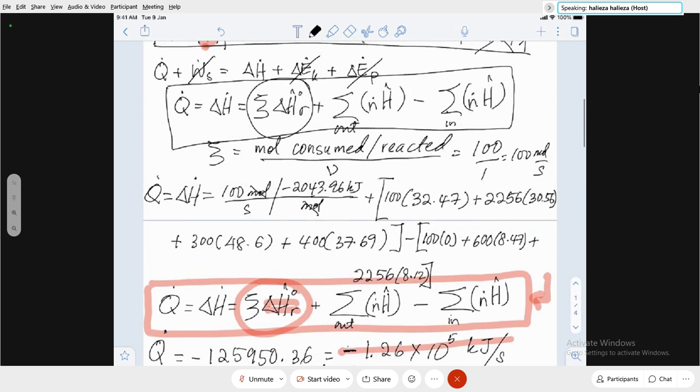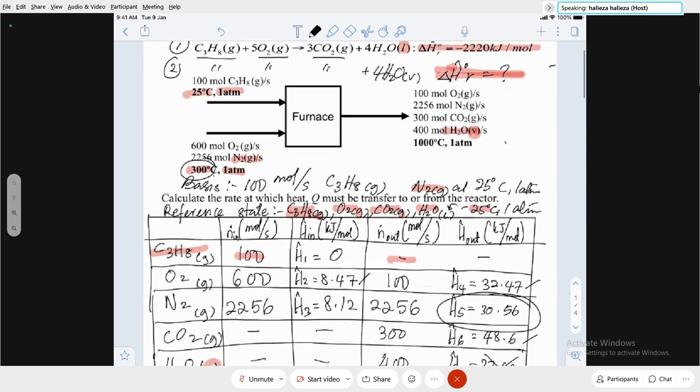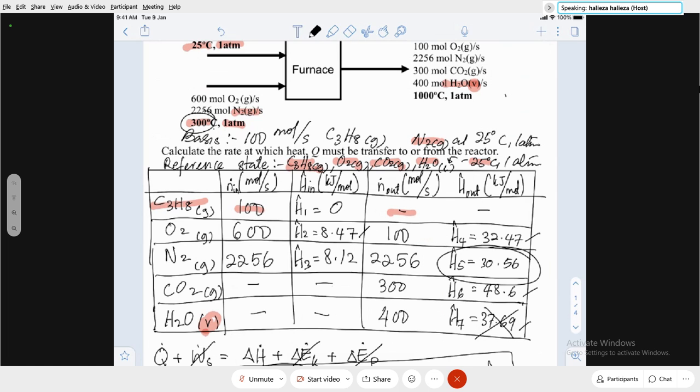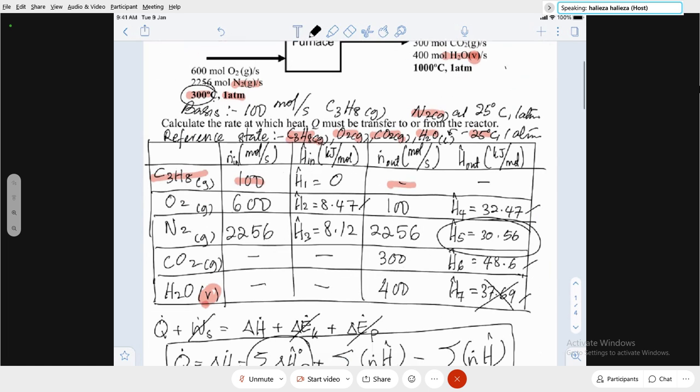I have propane, oxygen, nitrogen, carbon dioxide, and water. I still have to list the components as they are the same as in the heat of reaction method. The components are listed the same as in the heat of reaction method. It's just that the reference states are not the same.